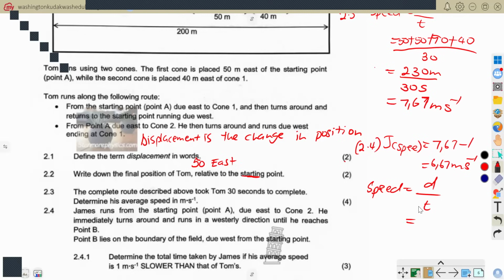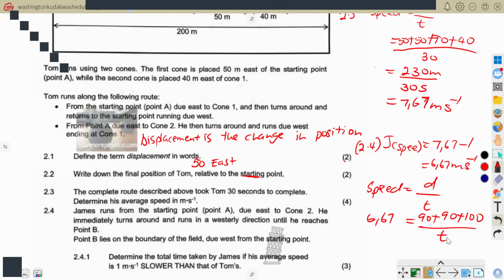So the total distance was that he ran 90 meters going this side. So it would be 90 plus another 90, plus from point A to point B is 100 meters, all divided by the total time that we are looking for. And then we have got the speed, which is 6.67.